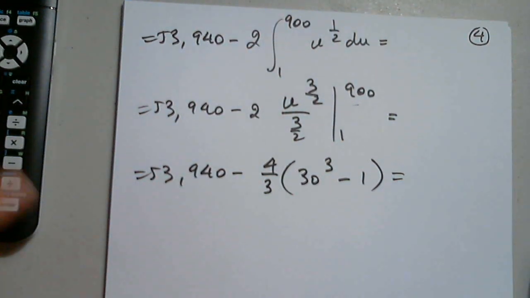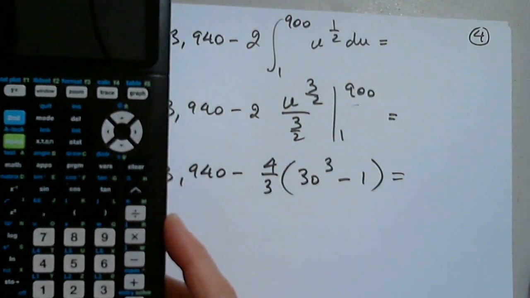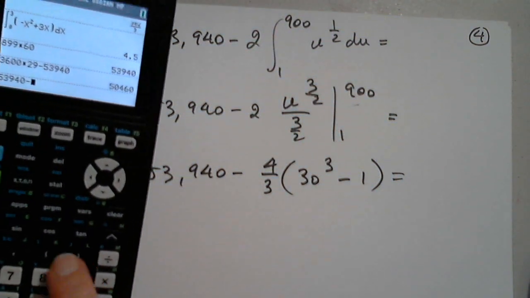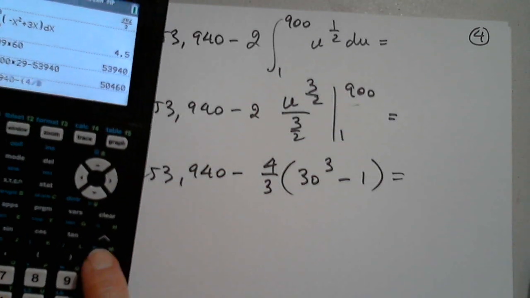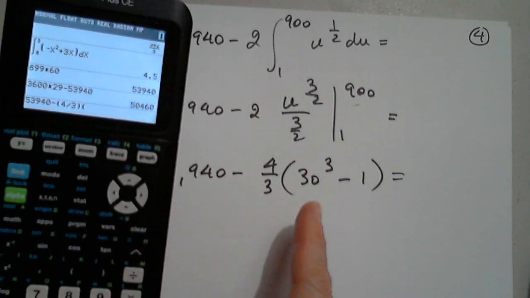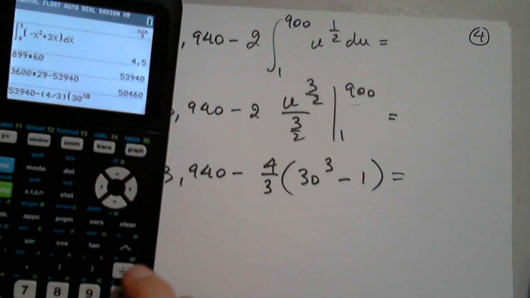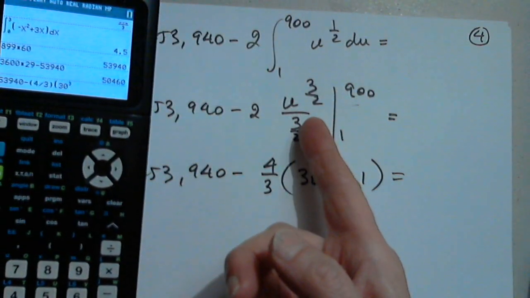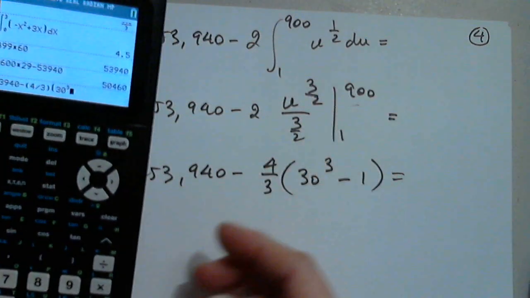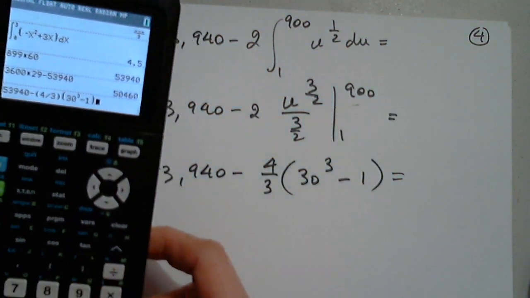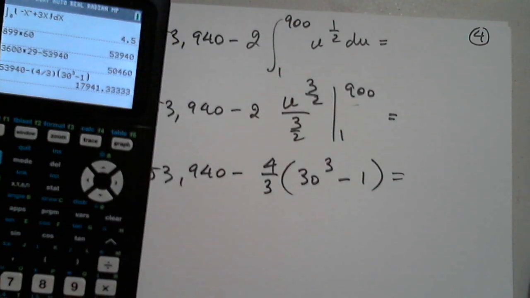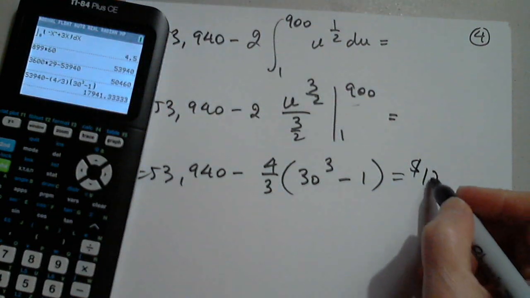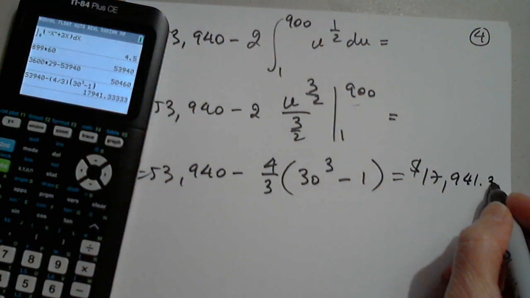We'll check again, but let me see my calculations. 53,940 minus 4 divided by 3, and then 30 to the power 3. One more time, the square root of 900 is 30 to the 3rd power, yes, and minus 1. Okay, so I got 17,941.33.